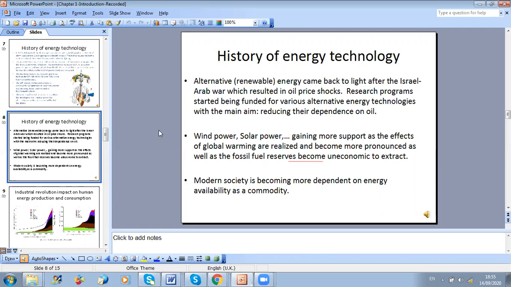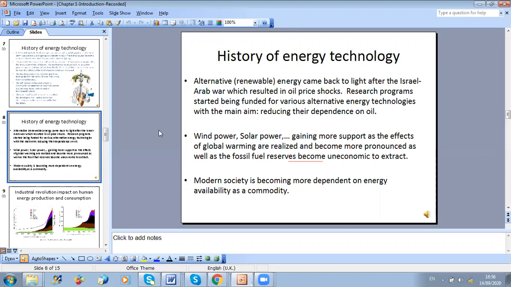This is why people began to think about other types of energy to use, and we have development of research programs that were funded by various countries in order to come up with alternative energy technologies with the main aim of reducing the dependence on oil, because we don't have a lot of reserves and we need a lot of energy.